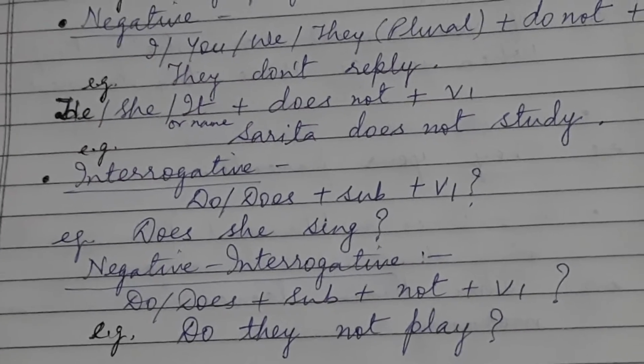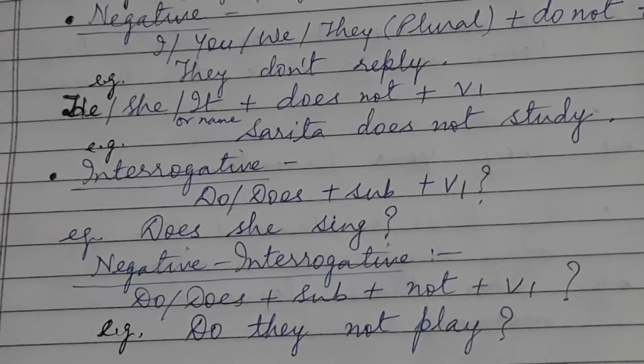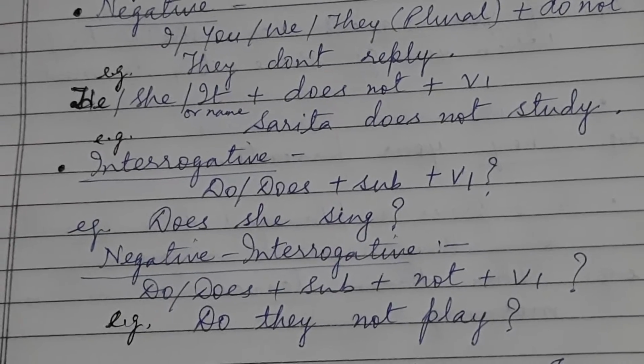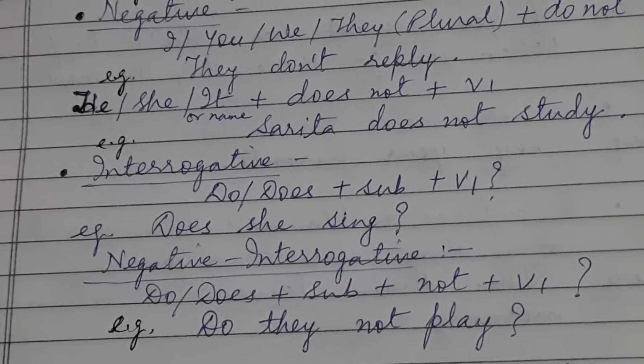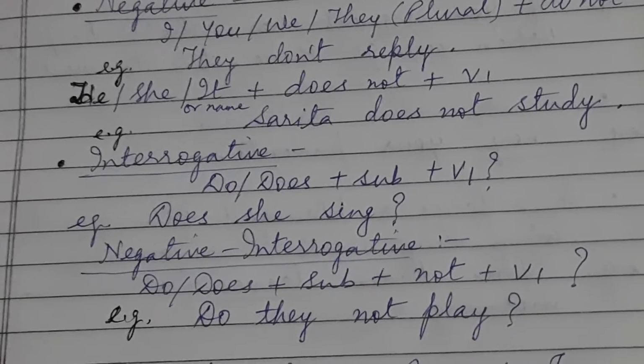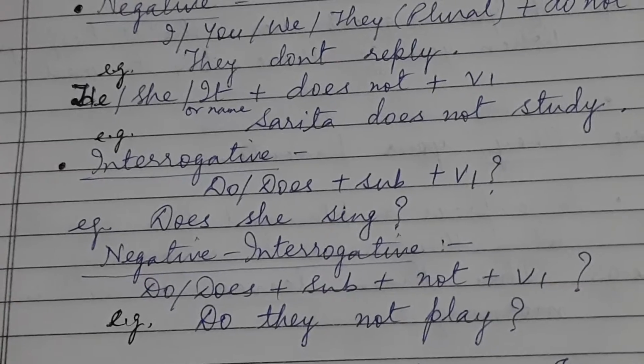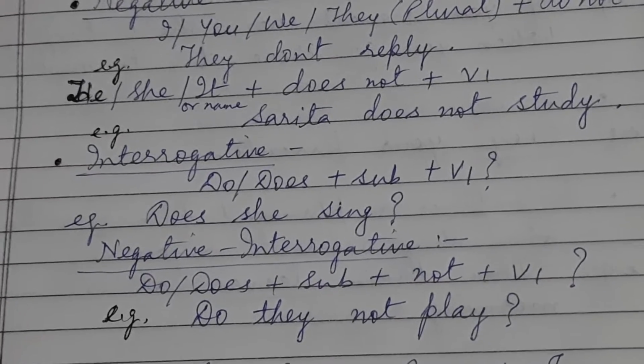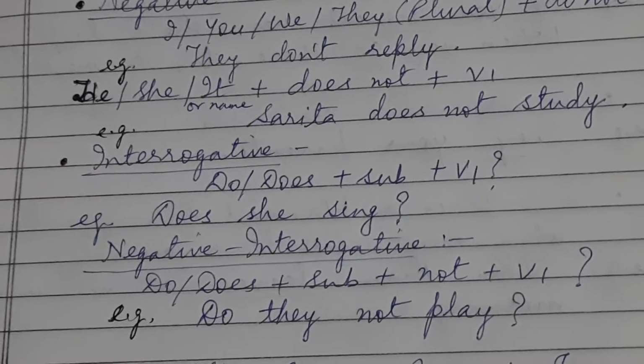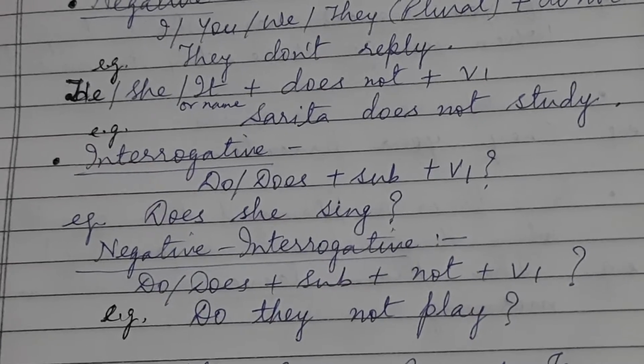So the subject can be any, like masculine gender he, third person, or feminine gender she, or anyone's name, or it. And along with that, we write does not or doesn't plus the verb's first form.